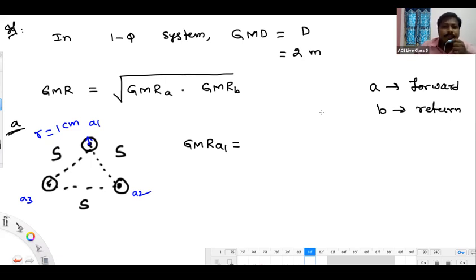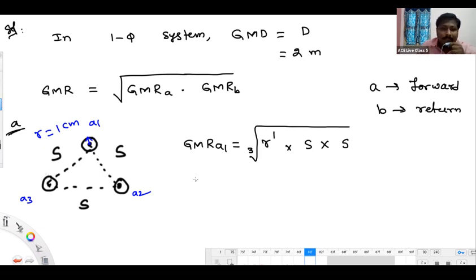First of all, what is self of A1? Self of A1 is R dash, 0.7788 into R. Next, mutual between A1 and A2. Next, mutual between A1 and A3. So three terms you have now, so we have to apply cube root. It will be cube root of R dash into S into S. That is GMR of A1.